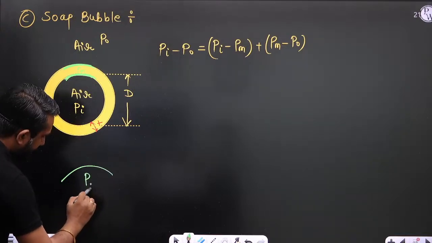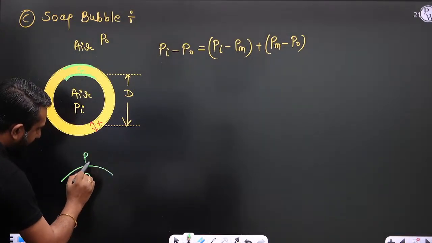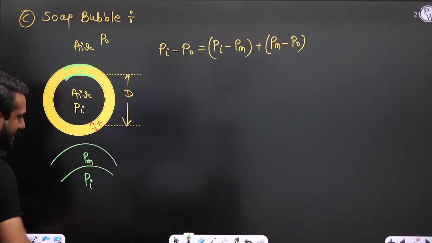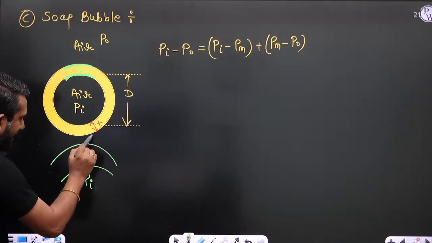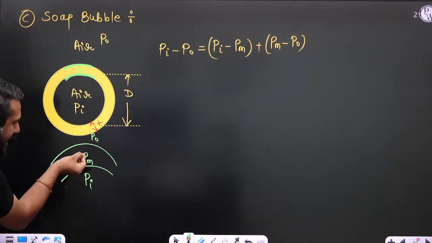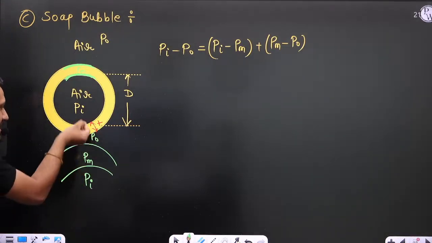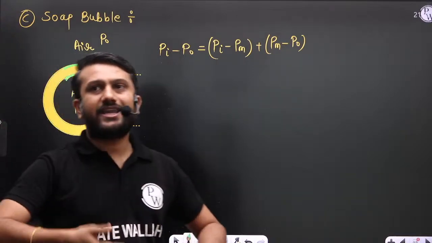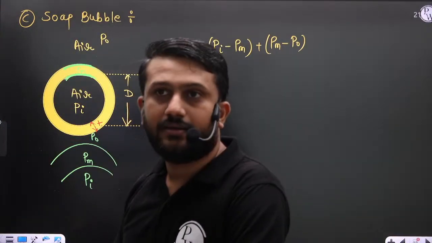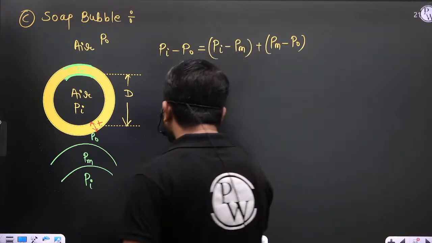In this side the pressure is Pi, in this side pressure is Pm. Now there is another interface. In this side pressure is P naught. So we can write now Pi minus P naught is equal to Pi minus Pm plus Pm minus P naught, because we know that concave side pressure is more as compared to the convex side. Tell me yes or no?